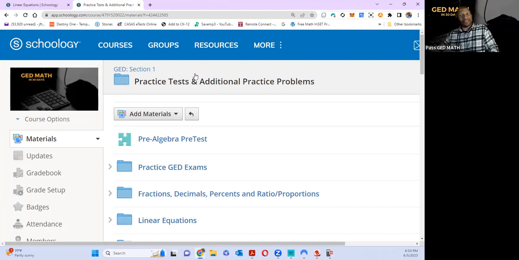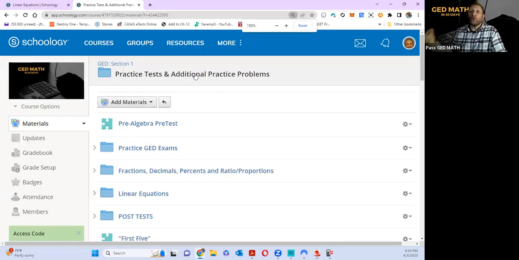So if you are consistently scoring 60, 70, 80, and you have a good understanding of the concept, what I would suggest is score 80 or above, then move on to the next concept. I wouldn't move on unless I have an 80 or above in each one. If you go under math lessons, each lesson has a pretest to see what you know and what you don't know. Okay, what's next?